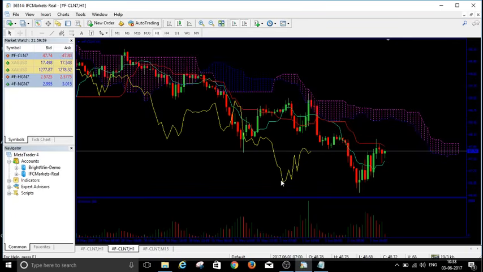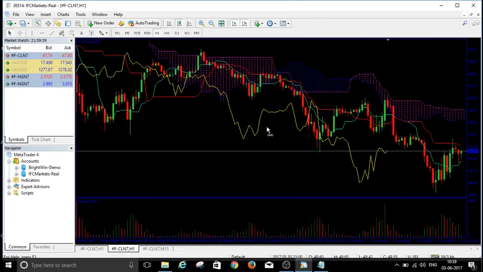So it's better not to enter this trade. And the same thing happened here. The market just went some pips up, then again went down. So this Chikou Span will help us to save ourselves from some trades that will not be good for us.